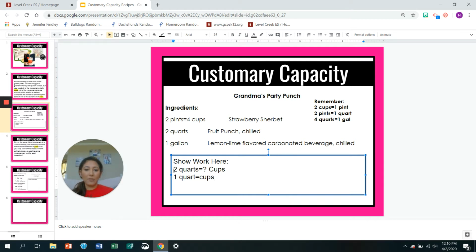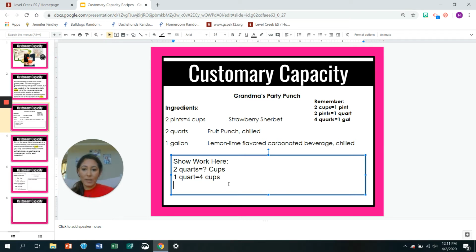If we look up here, we don't have quarts to cups, we just have quarts to pints. And 1 quart is equal to 2 pints. So we can change that. Well, we see here that there are 4 cups in 2 pints. So 4 cups have to be equal to 1 quart. So 1 quart is equal to 4 cups.